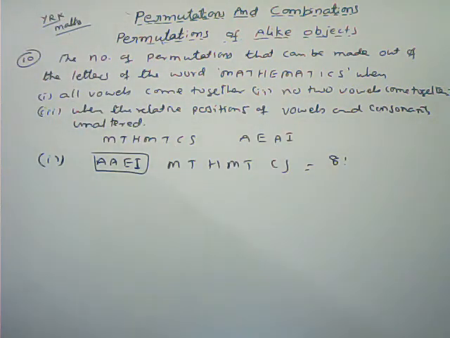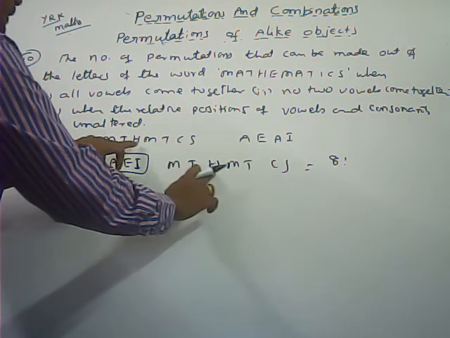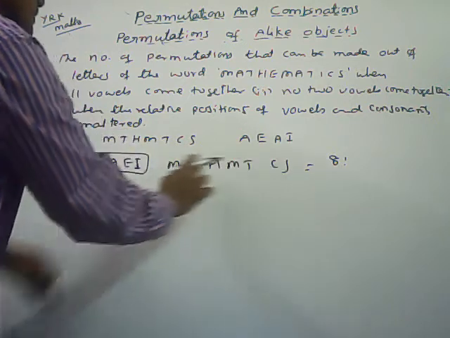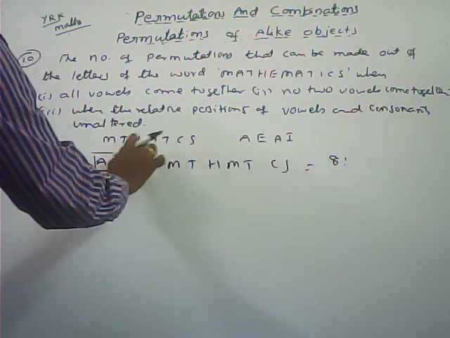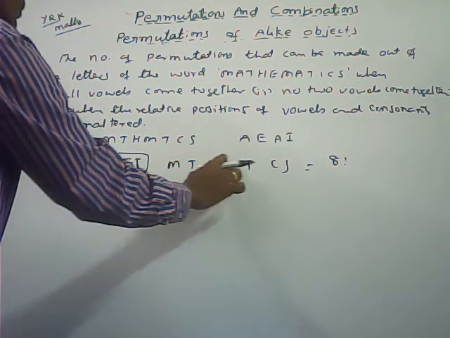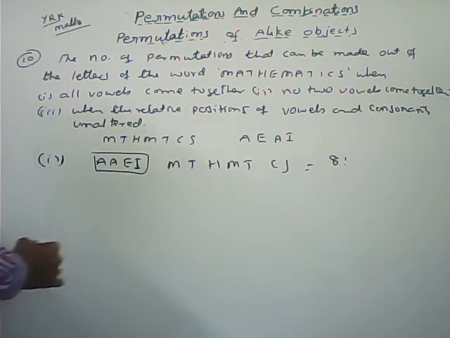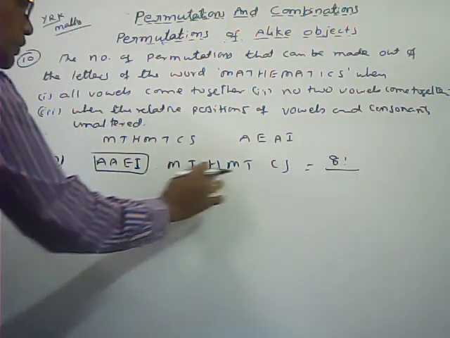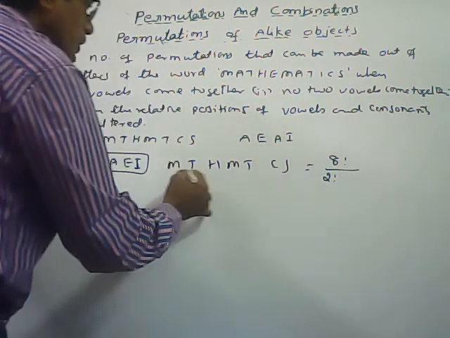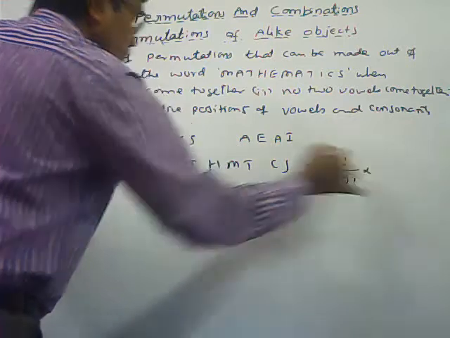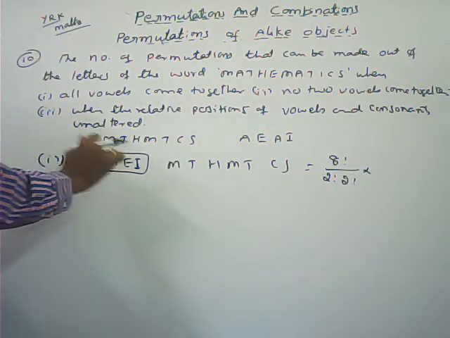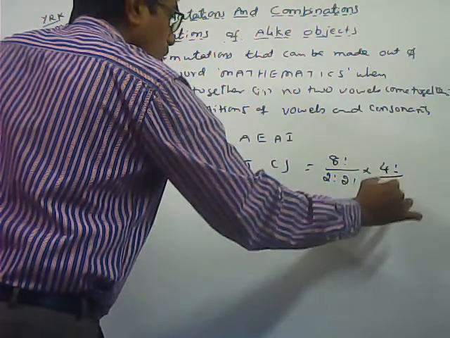That 8 can be arranged among themselves in 8 factorial by, here 2 M's are there and 2 T's are there, 2 factorial into 2 factorial, into, here we can interchange these 4 letters among themselves, 4 factorial, out of 4, 2 are alike of one kind, by 2 factorial.